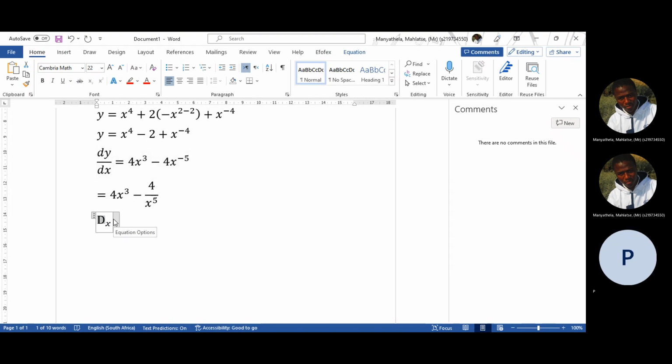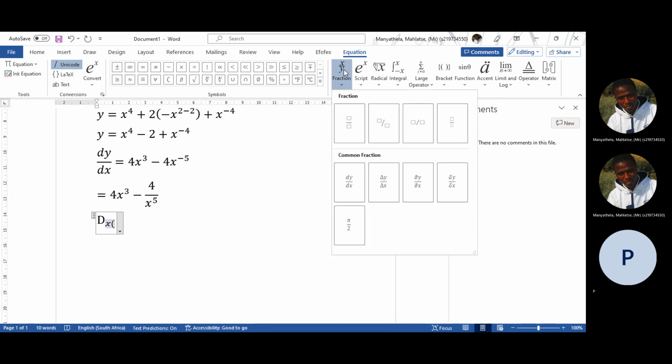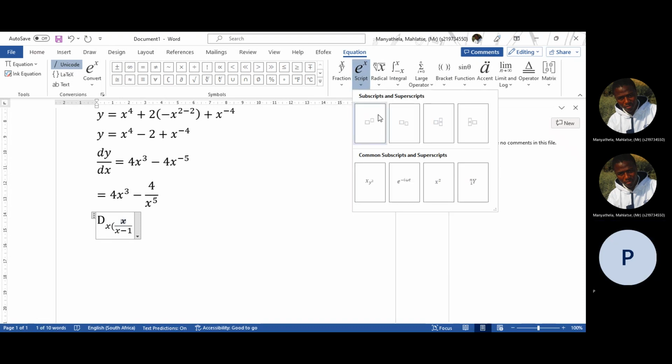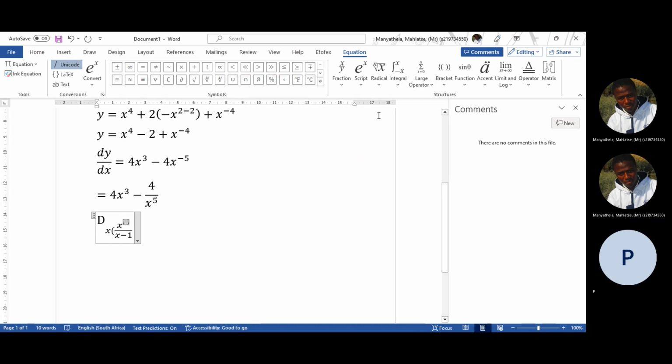Do you still have this question paper? I do have it. It says determine dx. If you're given x to the power 3 subtract 1.